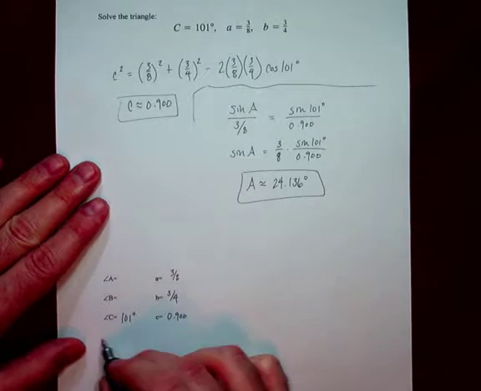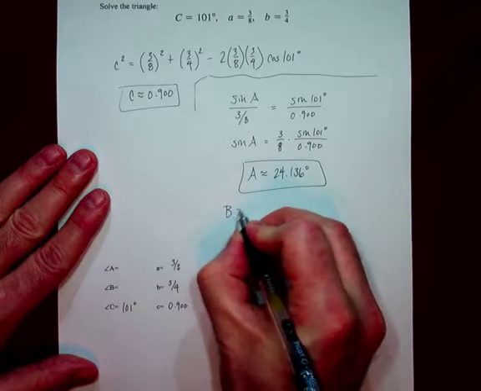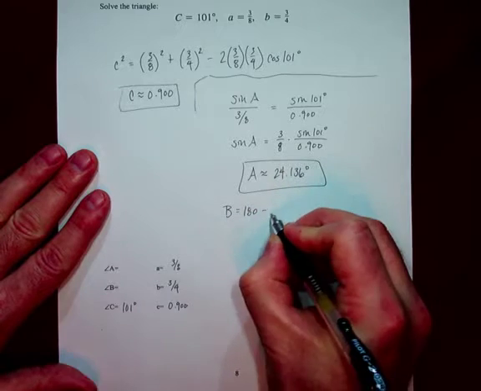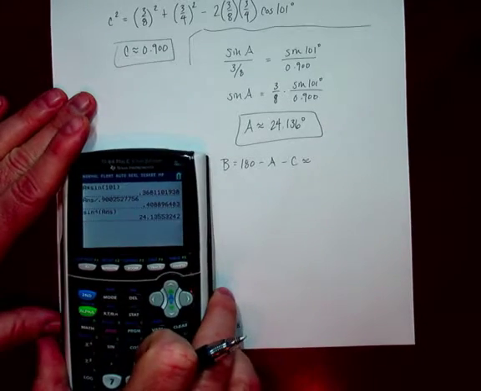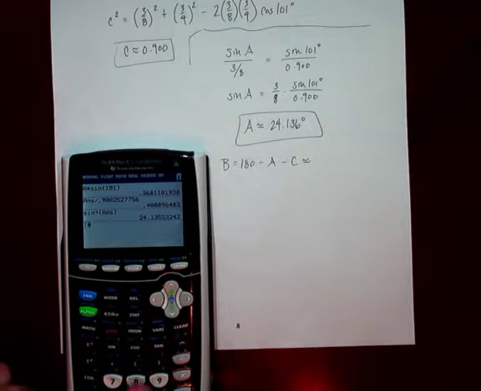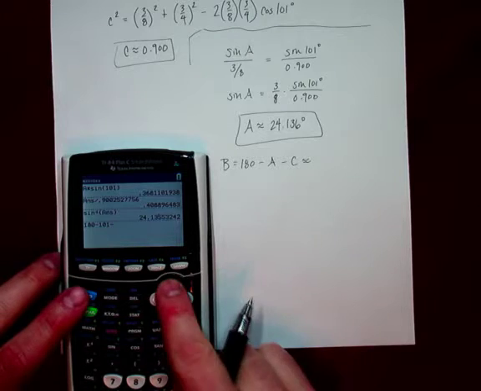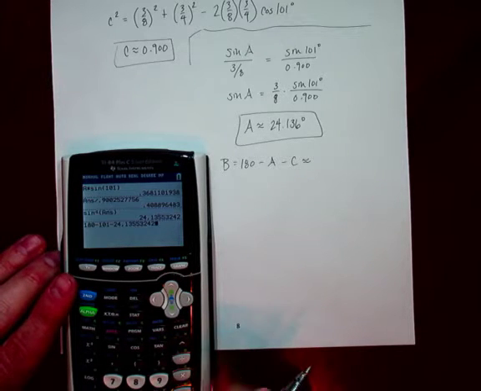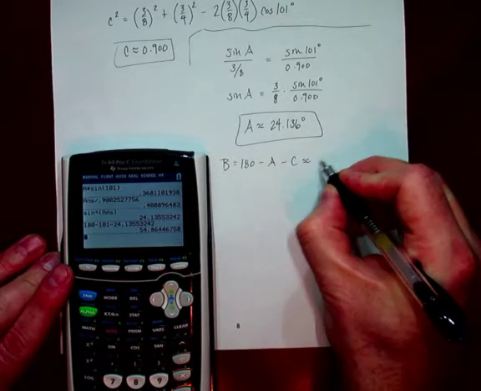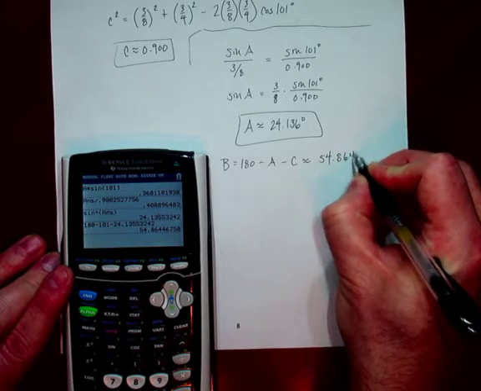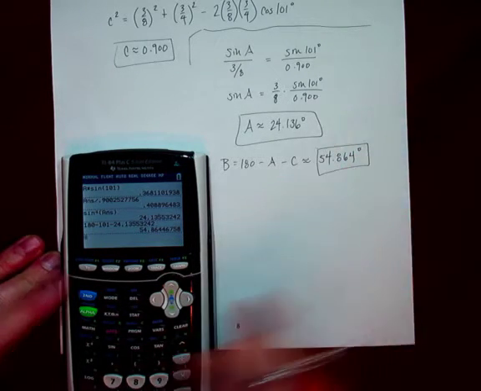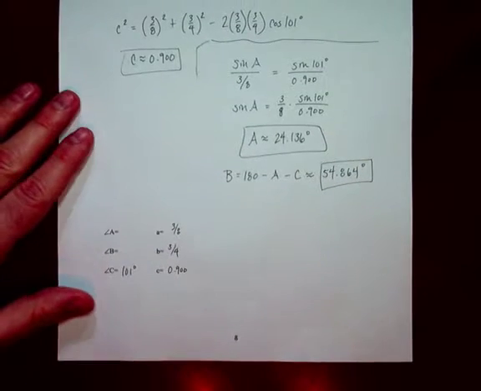Now, c is 101, so b is 180 minus a minus c, and when I do that, I get b is approximately 54.864 degrees. And that winds up being reasonable.